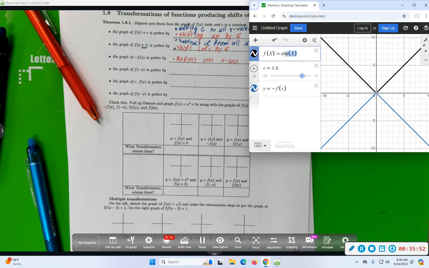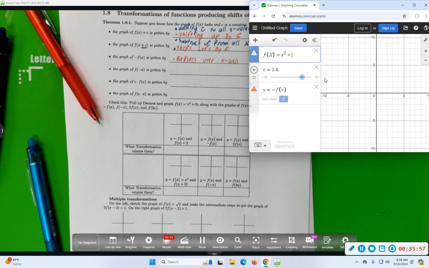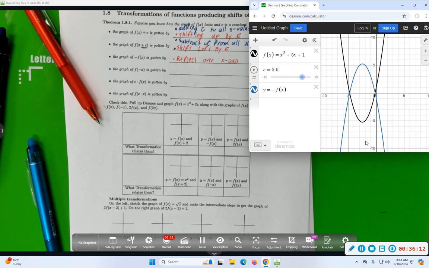And I'm going to change this to a more complicated looking function so the next example is yet less silly. That still look like you've just reflected the graph over the x-axis? Cool. I'm going to make that 5 just so it's falling over. There we go. Still reflected?